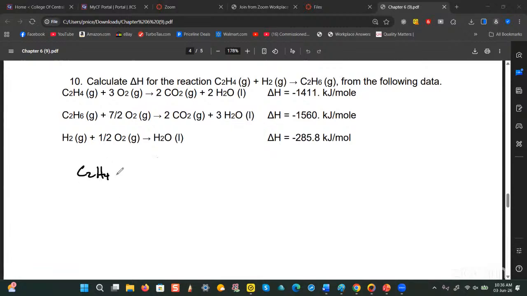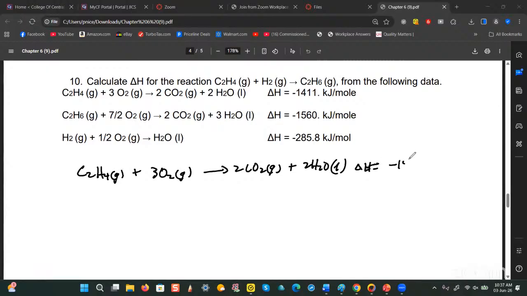C2H4 gas plus 3 O2 gas to give 2 CO2 gas plus 2 H2O liquid. And delta H for this is equal to minus 1411 kilojoules. Okay, next step.